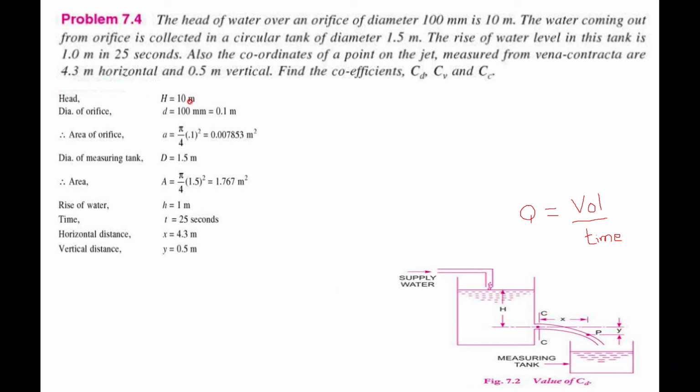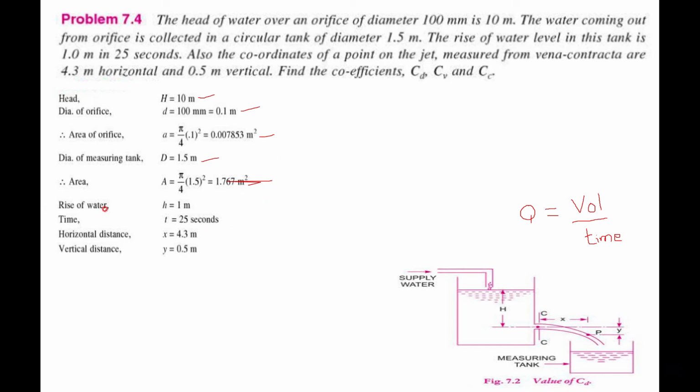The data given here are: head is given; diameter of the orifice is 100 millimeter, convert into meter, then calculate the area of the orifice, A equals pi by 4 d square, and you will get this much area. Diameter of the measuring tank is given as 1.5 meter, then calculate the area of the measuring tank, pi by 4 d square again.